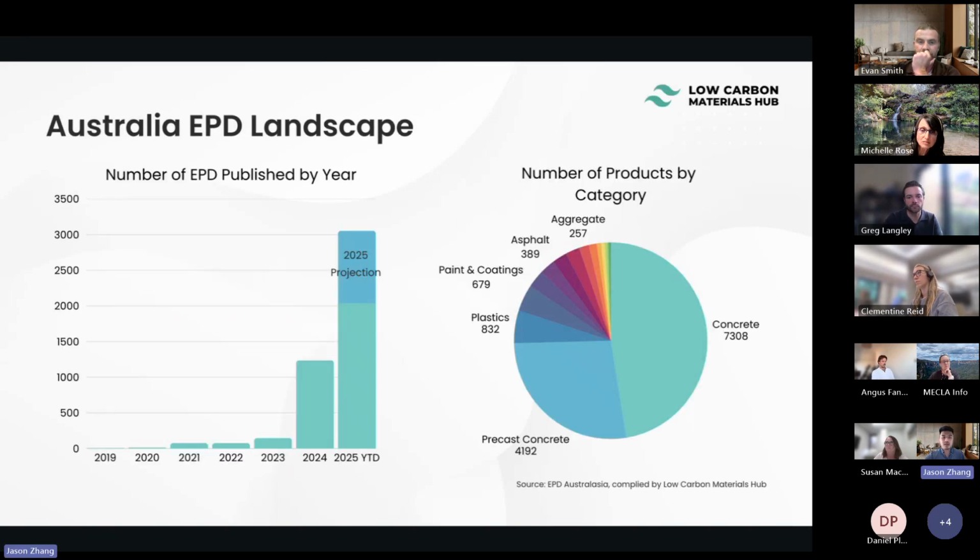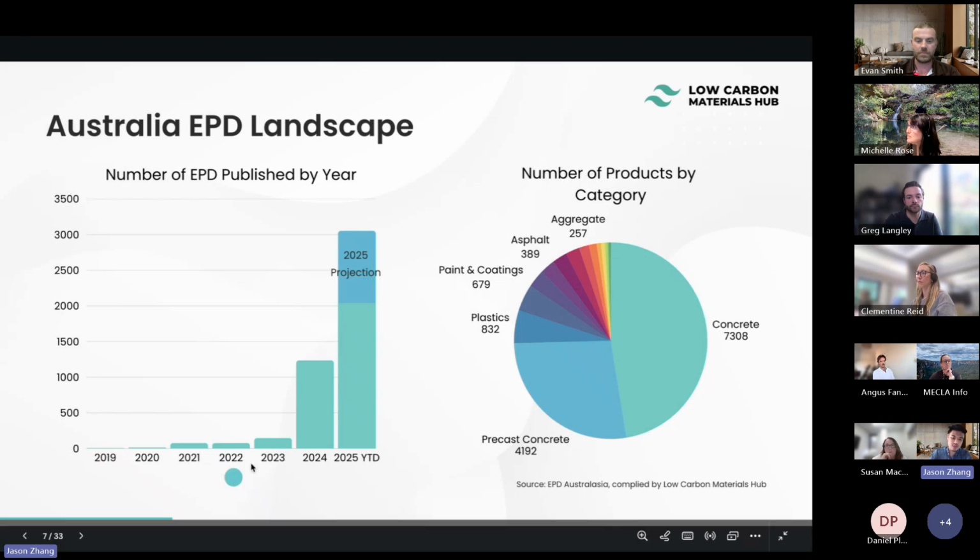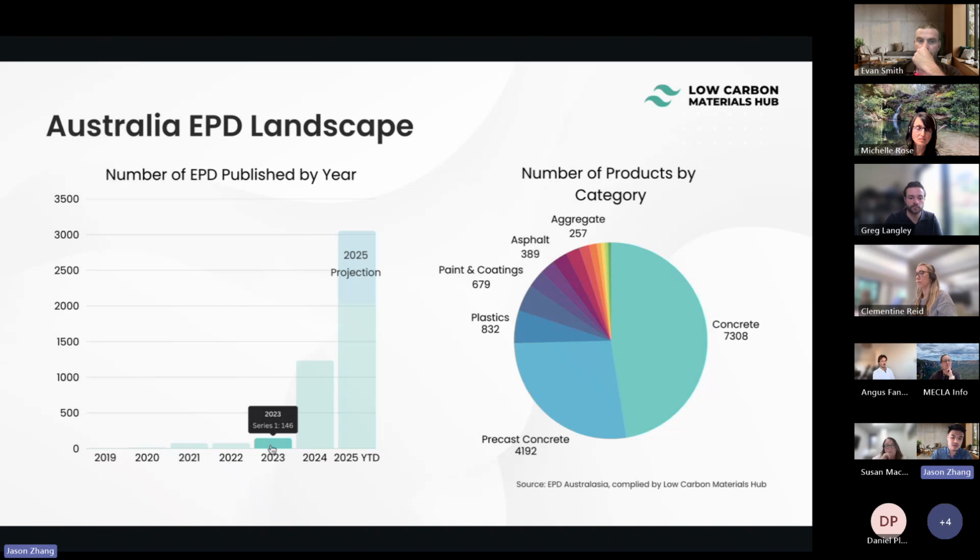And then how EPDs look in Australia. This is a summary over the past few years. From this bar chart we can see it has surged crazily over the past 2 years. In 2023 we had less than 150 EPDs published in that year, and just a year after we had 1,200 published.